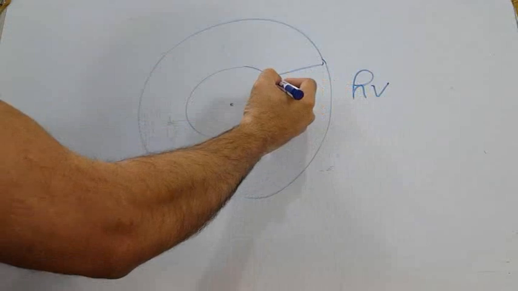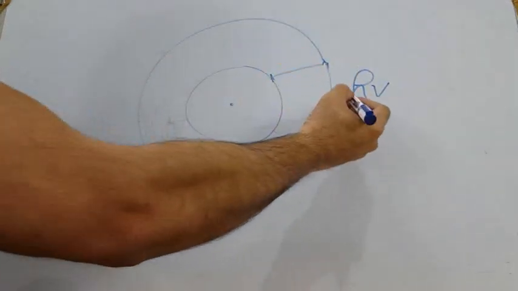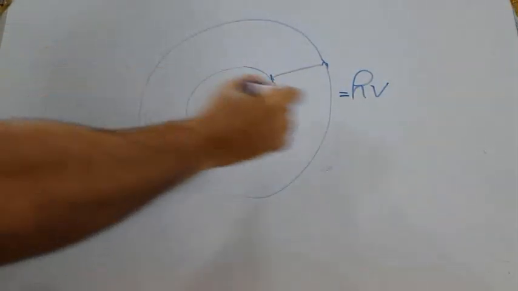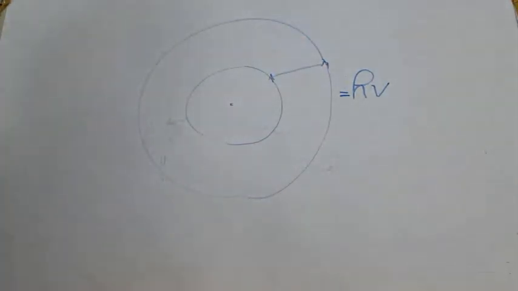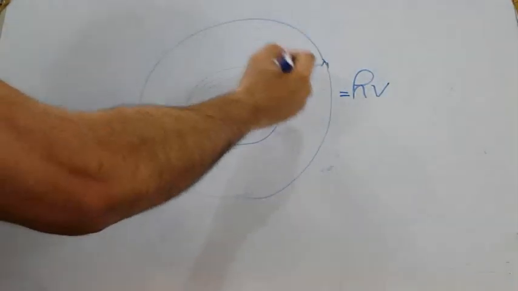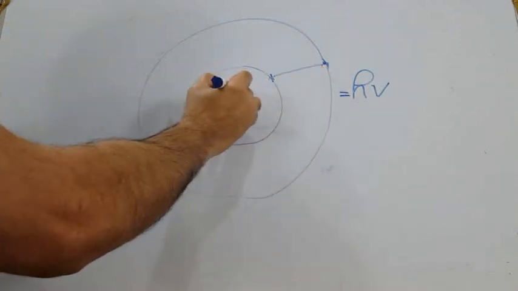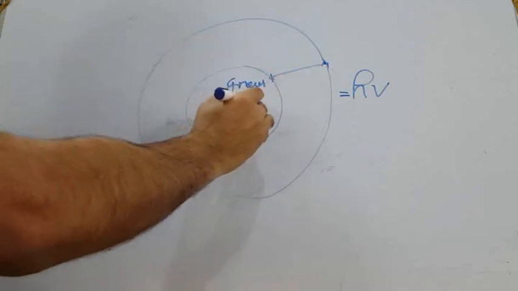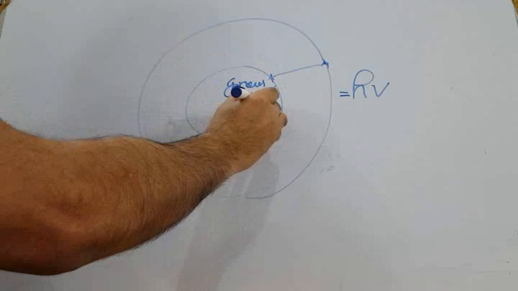If the difference in energy in these two orbits is equal to this, only then that shall be absorbed by the electron, and immediately it would come from this state to the ground state. Ground state means this is orbit number 1, means n is 1.